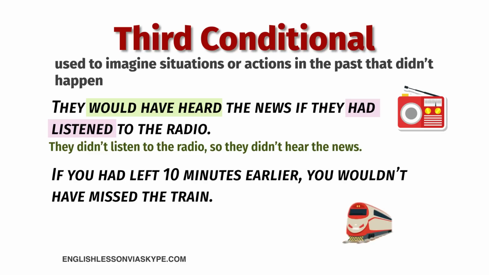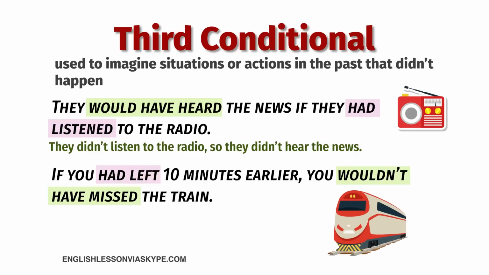Another example. If you had left 10 minutes earlier, so here we've got "if" in the first clause. If you had left 10 minutes earlier, you wouldn't have missed the train. So he didn't leave 10 minutes earlier and he did miss the train. So if you had left, "if" with that past perfect, if you had left 10 minutes earlier, you wouldn't have missed, and here we have "would" or "wouldn't" in this case, plus "have," plus the past participle, missed the train.